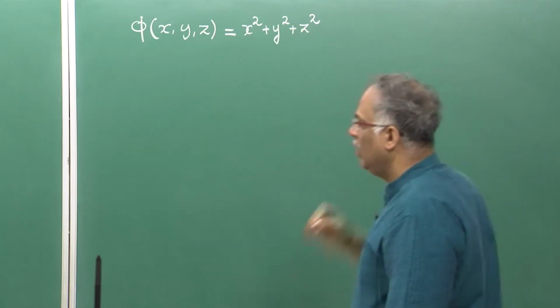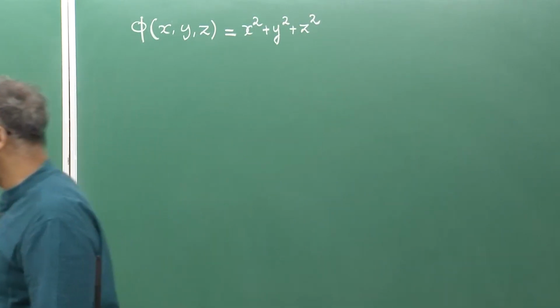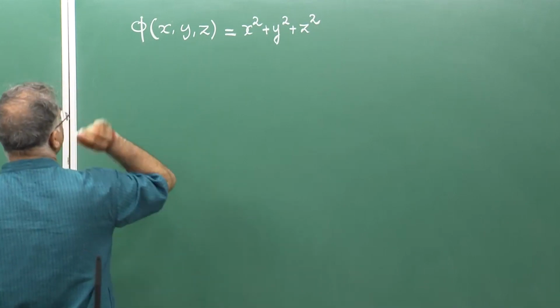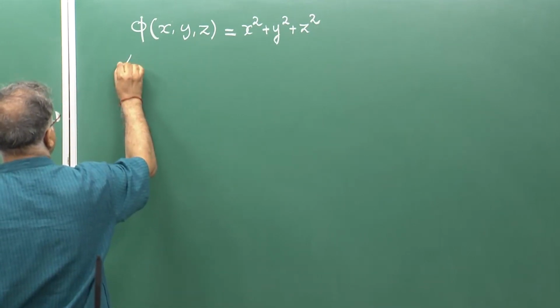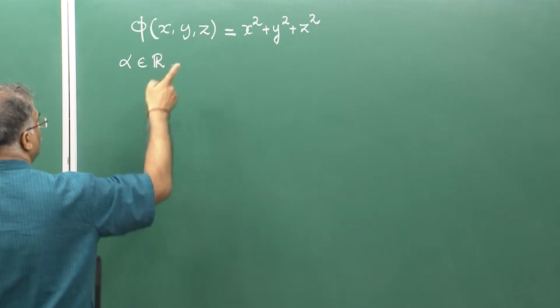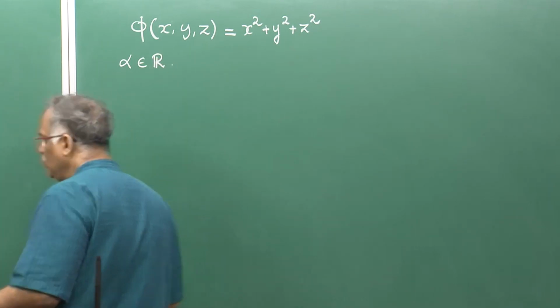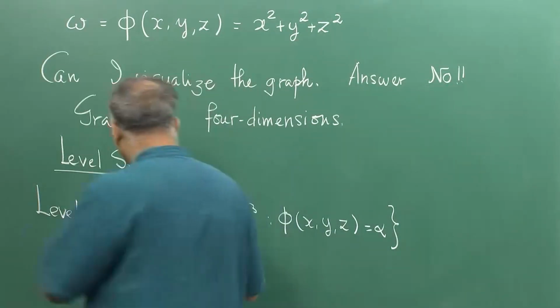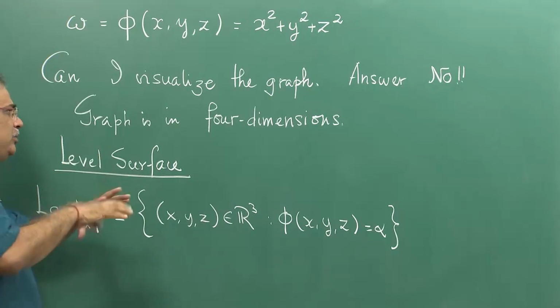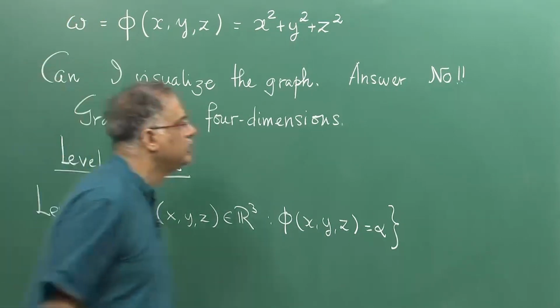What is a level surface of this? For any alpha in R, to draw a level surface, as you change your alphas, these level surfaces change. You can start with 0 and then 1 and 2 or 3 or anything in between and keep on increasing it.